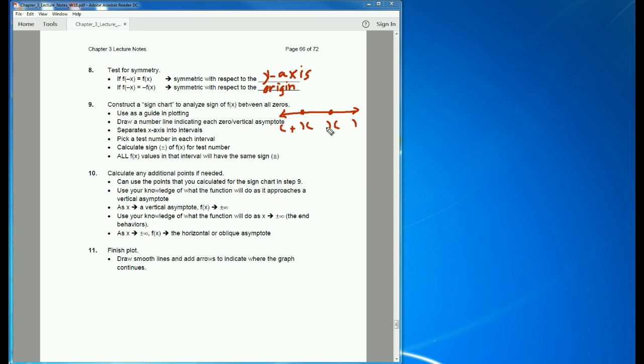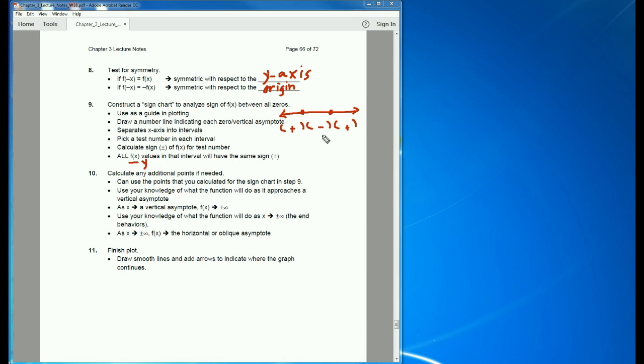Is it positive? Is it negative? Is it positive? And that'll give you a little bit more information about what the function is doing in each interval. And again, all function values, y values, in that interval will have the same sign. They'll all be positive, or they will all be negative.